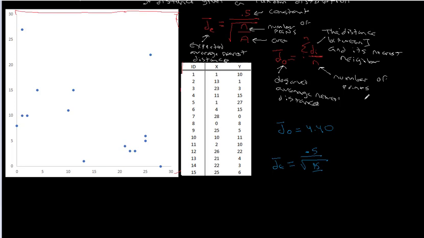Well, in this particular example, we go from 0 to 30 in both directions. So we know that this distance is 30. We go from 0 to 30 in this direction, so this distance is also 30. So our area is going to be equal to 30 along one side times 30 along the other, or 900 units. In this case, we don't have a spatial reference because we're dealing with just numbers and a graph. But our area is going to be 900.